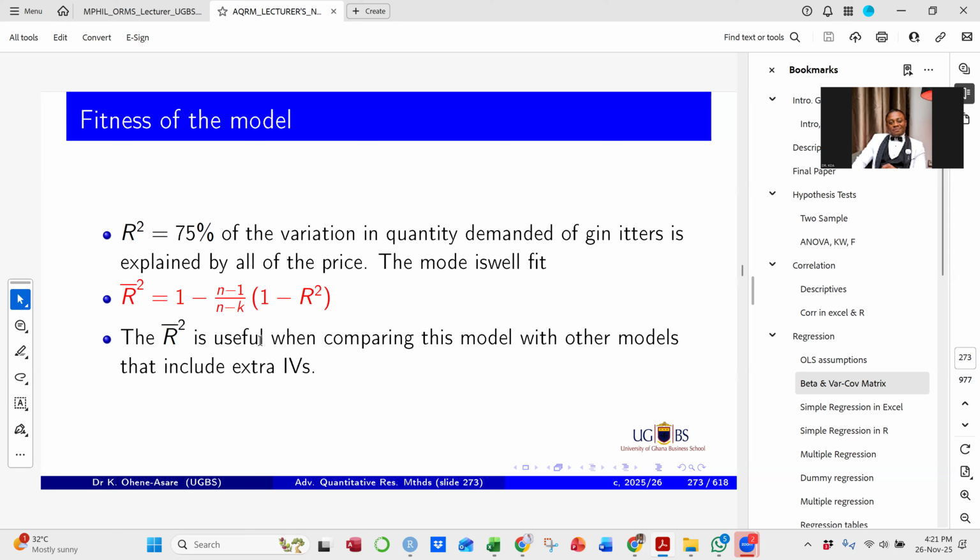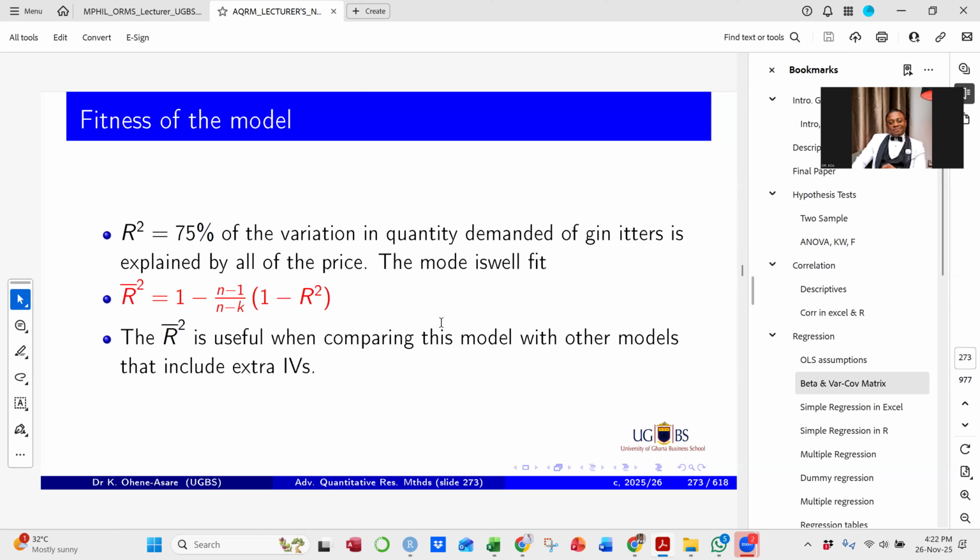The adjusted R-square is useful when you are comparing a particular model with another model. Suppose you have two models and you want to know which is best. You check their R-squares, and the one with the bigger R-square is accepted. This is very useful when you're doing machine learning or AI related projects.